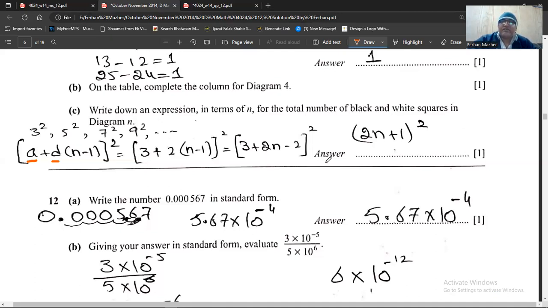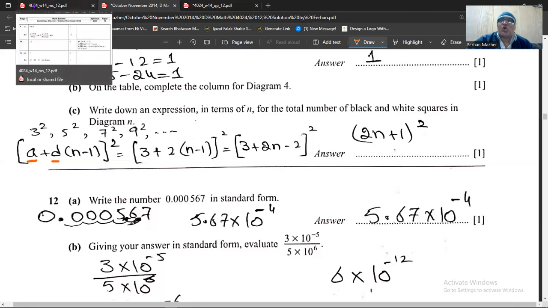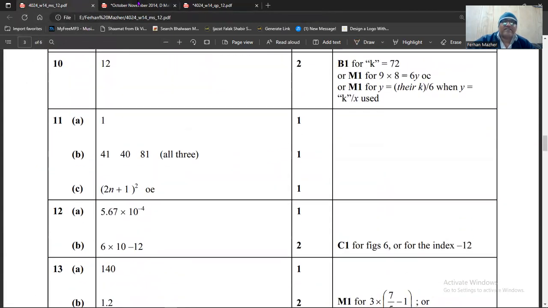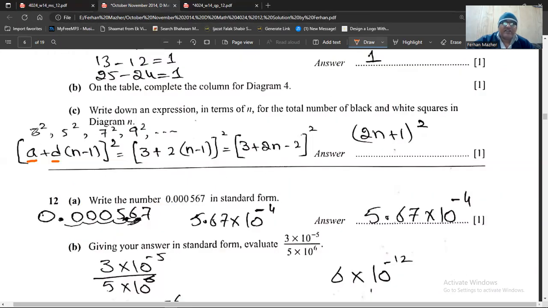So the nth term will be 2n plus 1 whole square. The sequence in the base is an arithmetic sequence, but it has a square with it. I hope you understand. This is a little tricky.